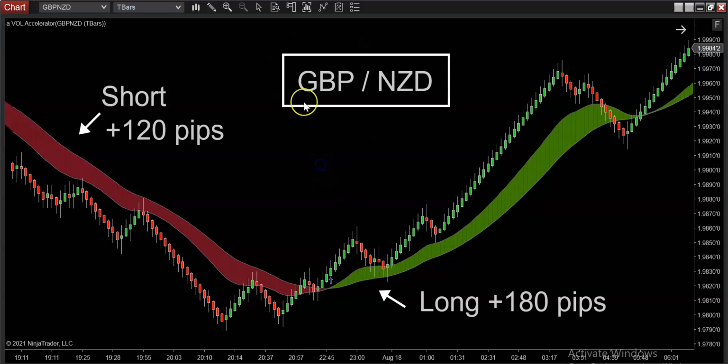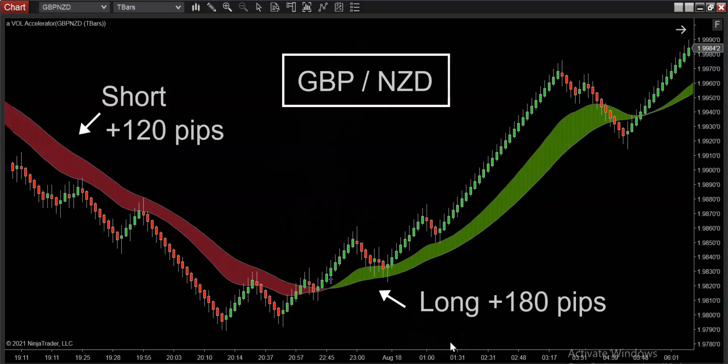Specifically this base currency pair right here, the GBP, has been absolutely on fire. I'm going to show you the last couple of trading sessions. The Forex signals that show up on this chart are going to defy belief, and I can promise you, when you see the signals just from the last couple of days, you are going to basically fall out of your chair. So let's get to it.